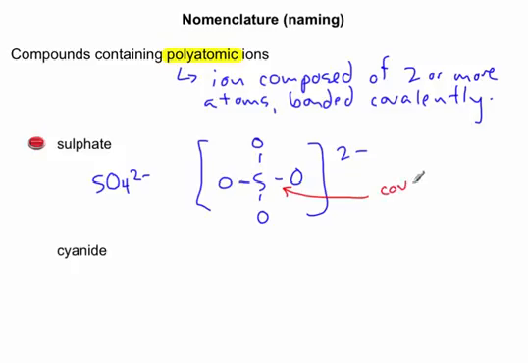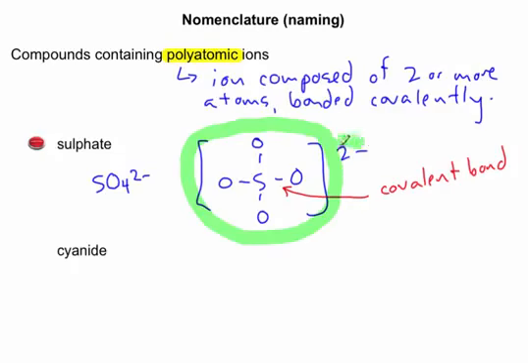Those are the covalent bonds. And so those covalent bonds remain intact when the sulfate might break apart from another different cation. And so that whole species with this charge of 2- remains intact, and so it is always referred to as the sulfate ion. That name will not change because that means sulfate.